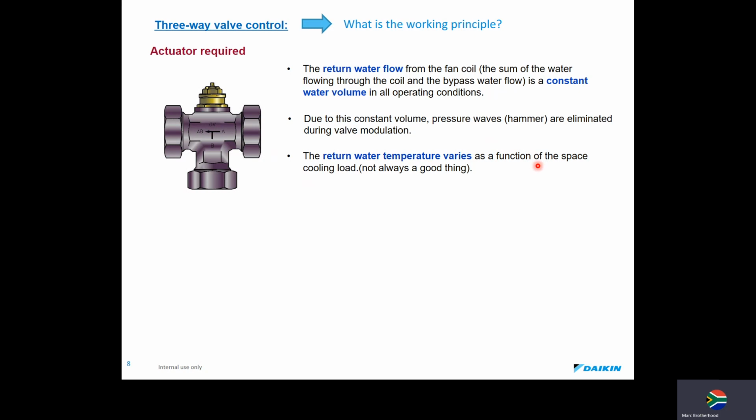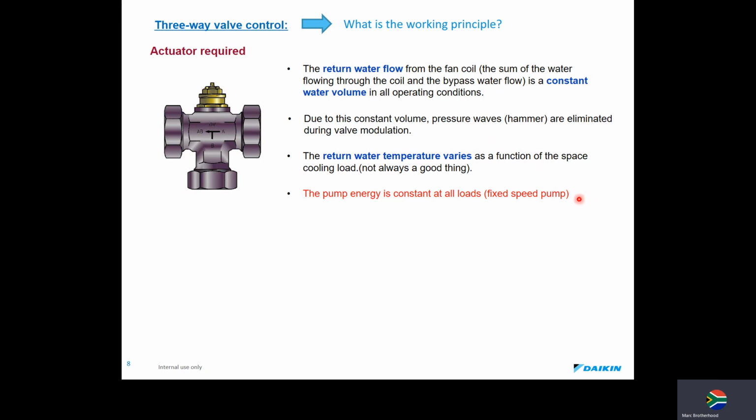The return water temperature varies as a function of the space cooling load. This isn't always a good thing though, okay? So you have constant water flow, but your return water temperature is going to vary. Pump energy is constant at all loads, so it's advisable to use a fixed speed pump here.